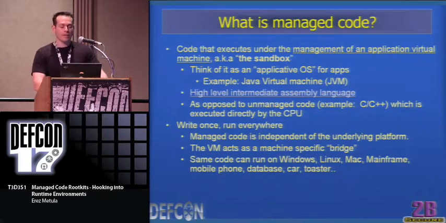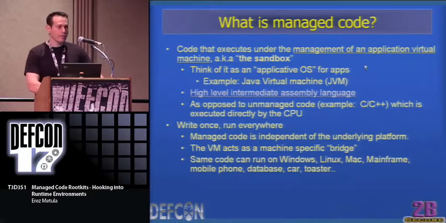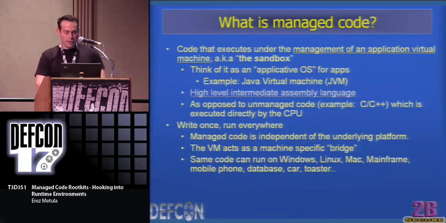So if I have an executable, and sorry guys about my graphics, I suck at graphics, what I wanted to show you here is that the same executable can be run on different platforms. We have a Windows machine, a Linux machine, a Mac, a mainframe, etc. But for each machine, there is a specific virtual machine.